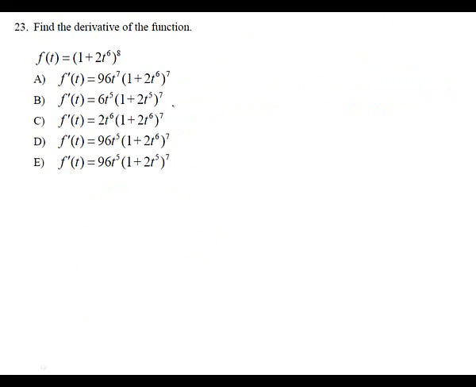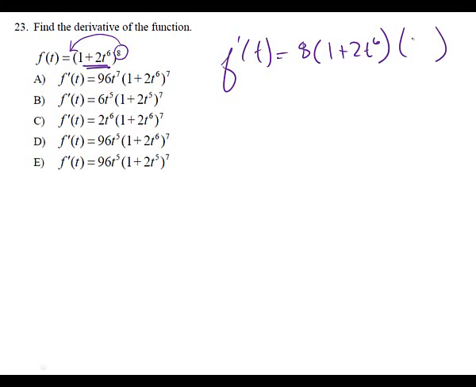All right, let's look at 23. What rule do I need on 23? Chain rule. So I'm going to start by taking this exponent and moving it to the front. So f prime of t equals 8 times (1 plus 2t) to the 6th. And then the derivative of the inside is what? 12t. And then 8 times 12 is 96t times (1 plus 2t) to the 6th.